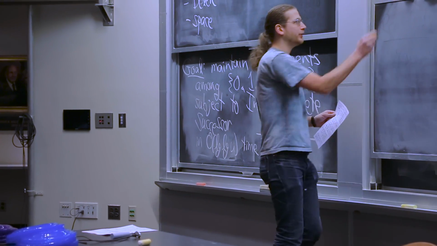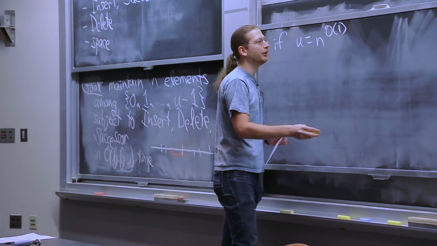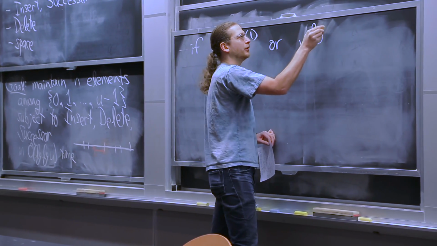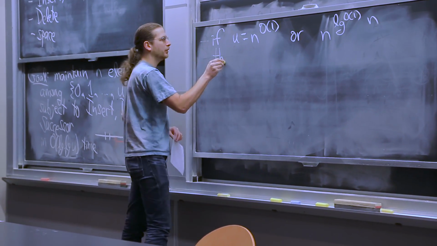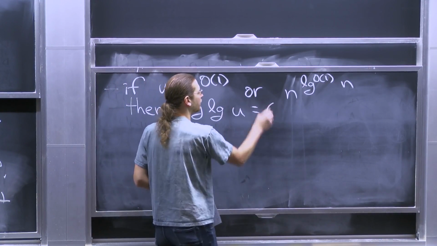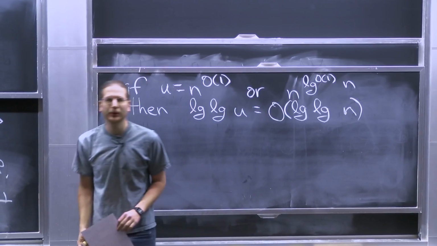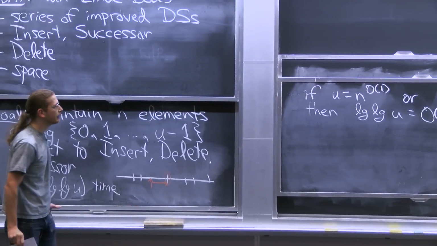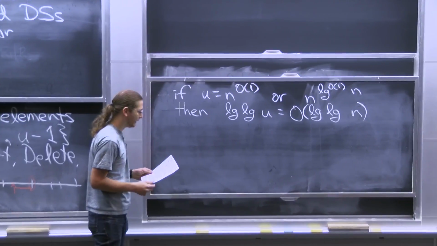So in particular, on the theory side, if, for example, u is polynomial in n, or even larger than that, you can support n to the polylog n. Then log u is the same as log n, up to constant factors. And so this is an exponential improvement over regular balanced binary search trees. Okay, so super fast, and it's also pretty clean and simple, though it'll take us a little while to get there.